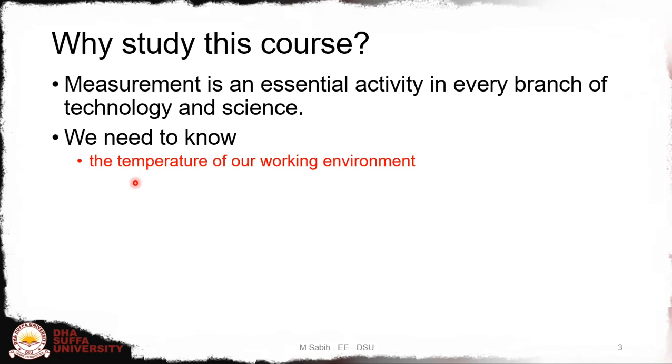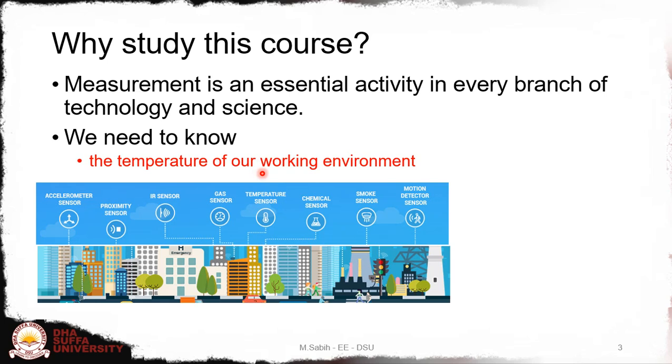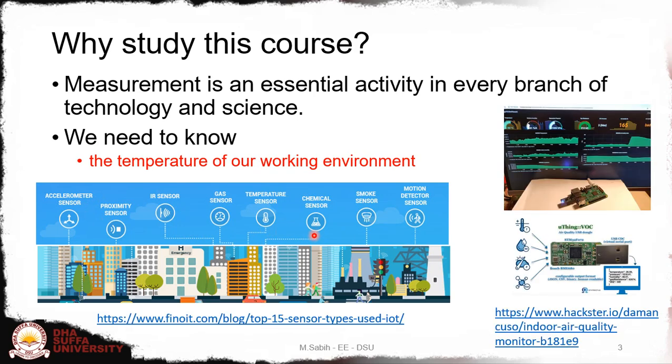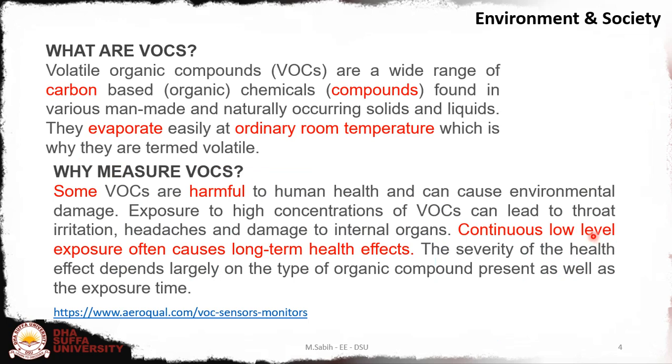We also need to know the temperature of our working environment. For example, there are plenty of sensors that we need to know about our environment. For example, the VOC. What is VOC? The VOC is volatile organic compounds, which are carbon-based compounds, and they easily evaporate at ordinary room temperatures.